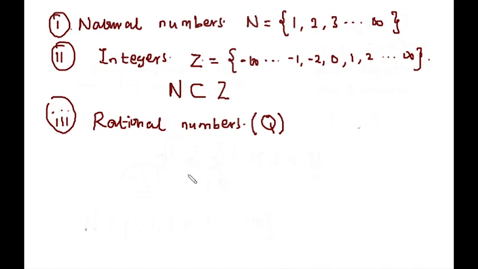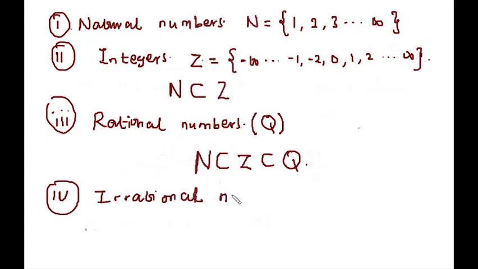So another thing I would like you to know is that just like all natural numbers are under integers, all integers are also under rational numbers. So all integers are rational numbers and all natural numbers are rational numbers. Okay, so talking about rational numbers, we want to talk about irrational numbers. Irrational numbers are often denoted by Q prime.